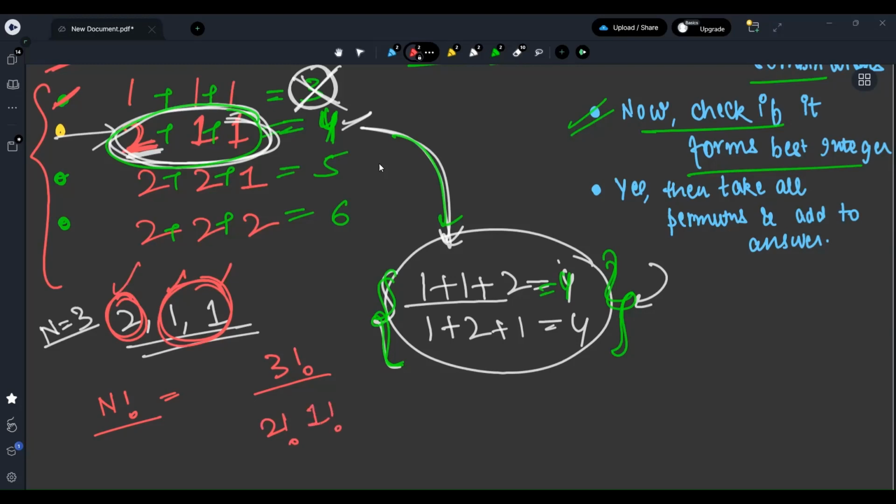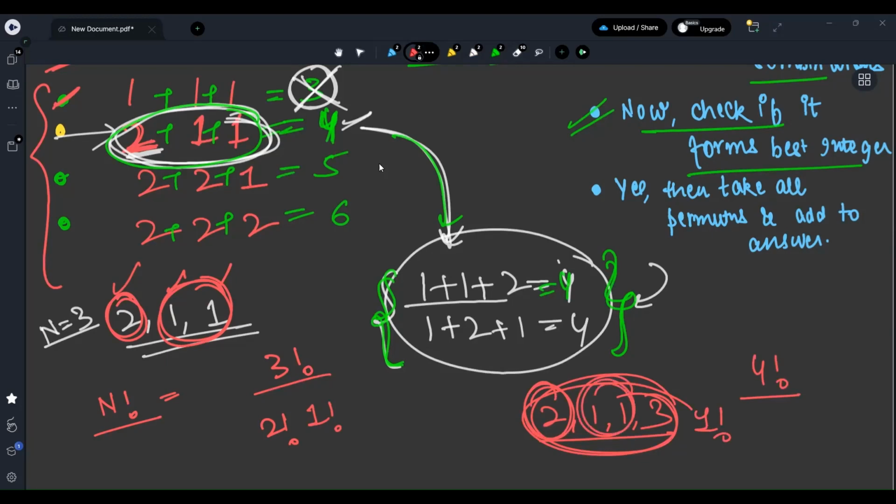Okay. So let's say I have 2, 1, 1, 3. So what I will do: 4 factorial, 4 elements, 1 this element, 2 these elements, 1 this element. So this is the formula of generating permutations. I hope you get this formula.